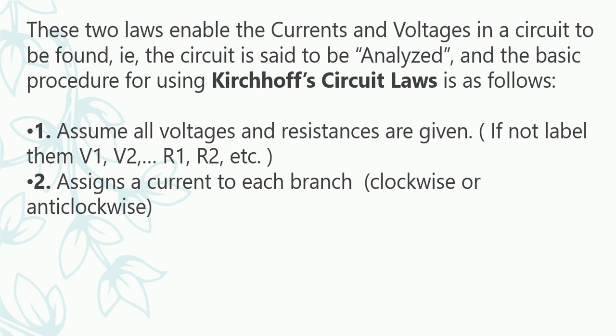Assume all voltage and resistance are given. If voltage and resistance are not labeled, then label them as V1, V2, R1, R2, etc. Assign a current to each branch, clockwise or anti-clockwise.